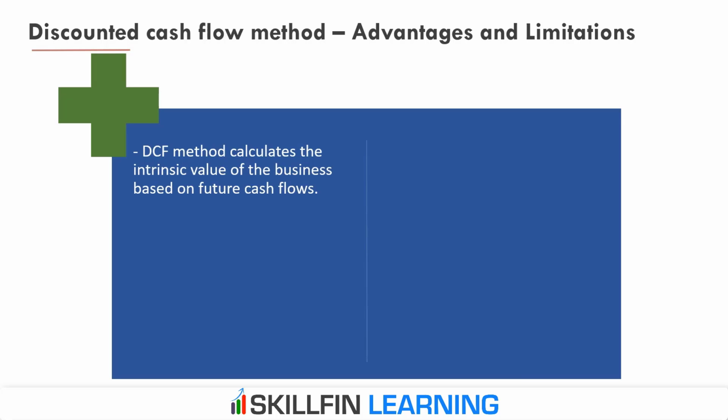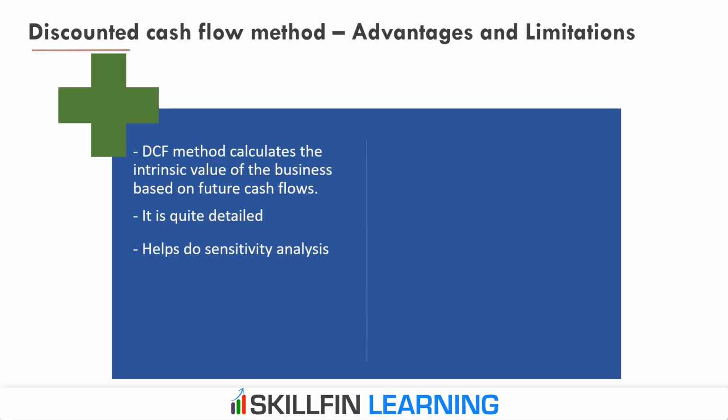So this method calculates the intrinsic value of the business based on future cash flows. This method looks at the performance and future expectations of the business and is not based on value of other companies like the multiples method or the transaction value method. This method is quite detailed as we need to understand the historical performance of the business and then project the future cash flows till perpetuity.